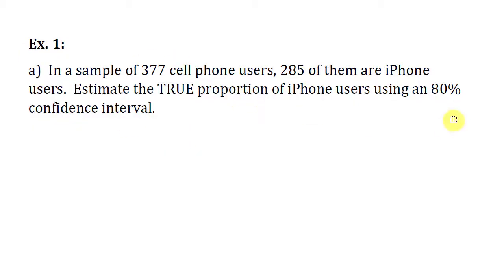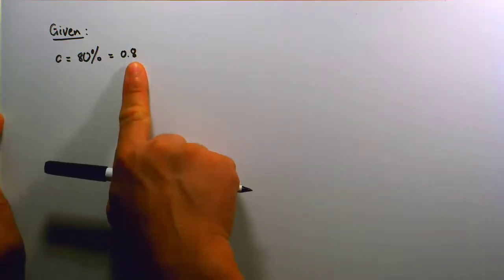According to this given information, it's an 80% confidence interval that we are finding. So confidence level here is 0.8.